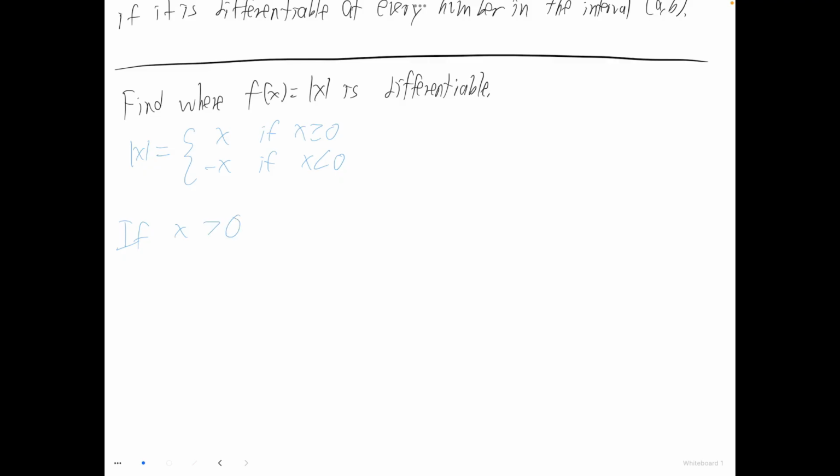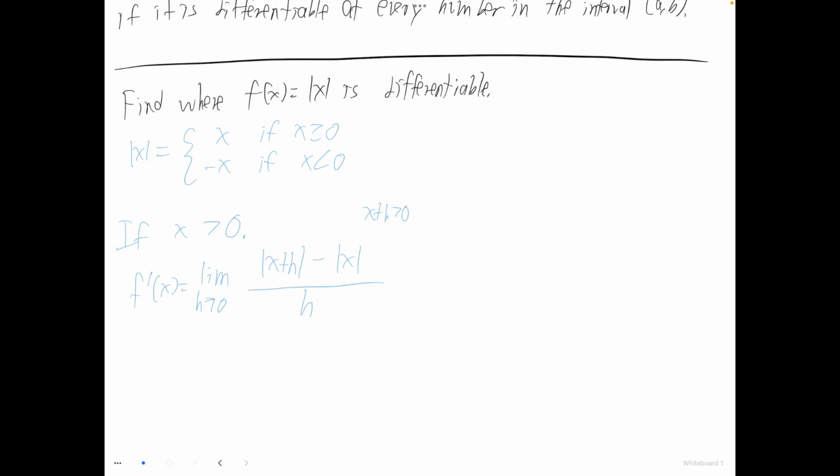If we choose x to be greater than 0, then f prime of x is the limit as h goes to 0 of the absolute value of x plus h minus the absolute value of x, divided by h. Now, we're taking the limit as h goes to 0, so h can be as small as we want. Picking h small enough, we can assume that x plus h is greater than 0, even if we're adding on a negative h.